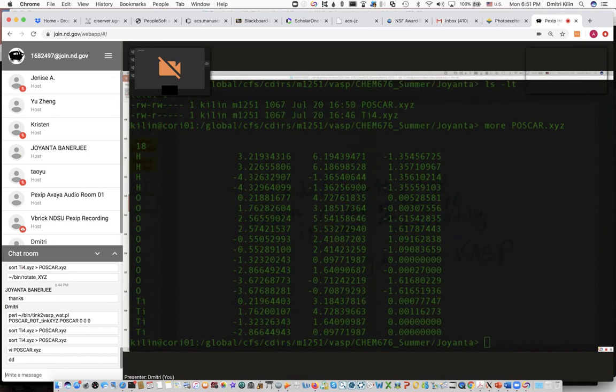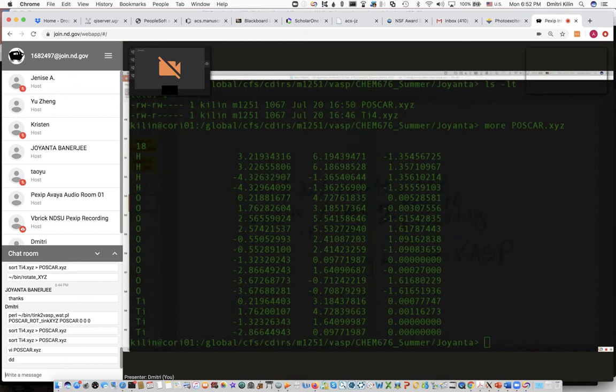Did you type vi postcard.xyz? What do you see? You should see numbers. Yeah, number 18. Yes, very good. Can you please type letter D two times? Good.